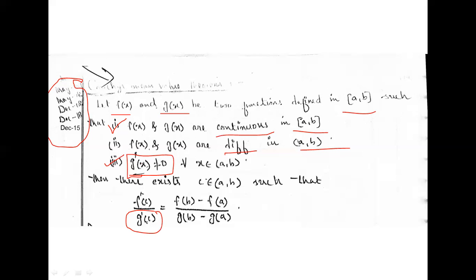Number one, f of x and g of x should be continuous on the closed interval a comma b.